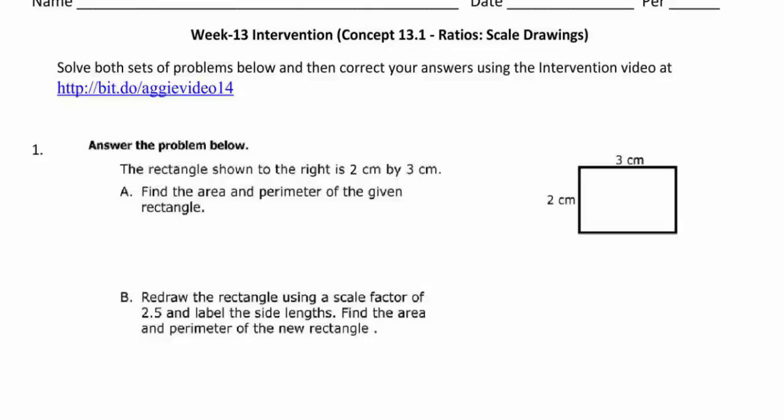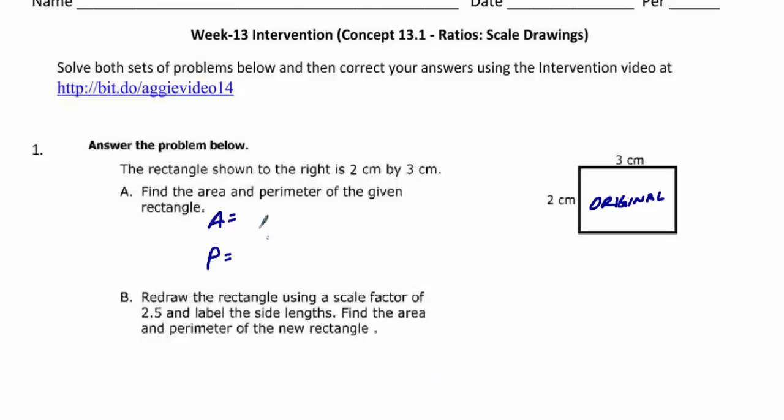So scale drawings, these ratio problems, there are actually 5 different things that you're going to answer on this. The first thing we're going to do, we're going to focus on part A, and we're asked to find the area and the perimeter of this original figure.